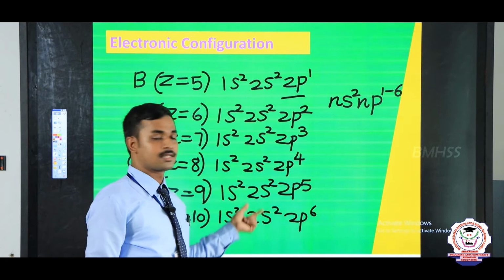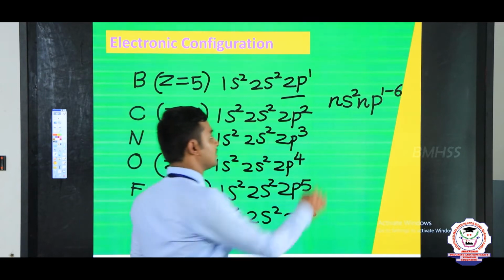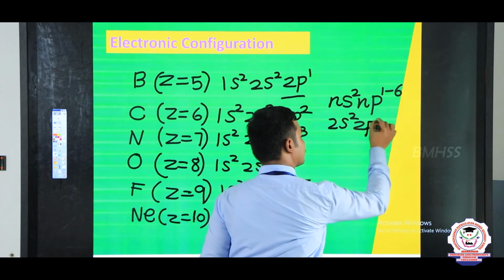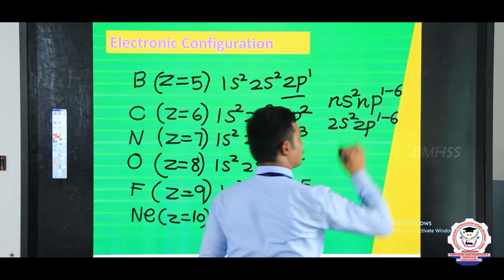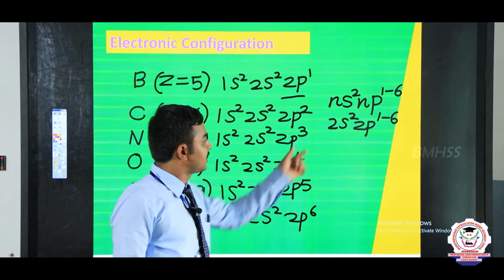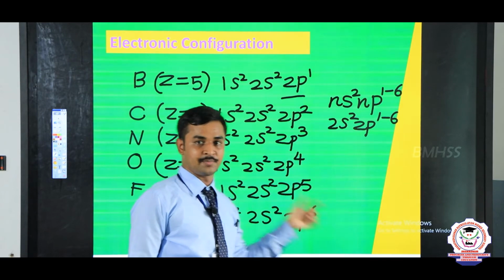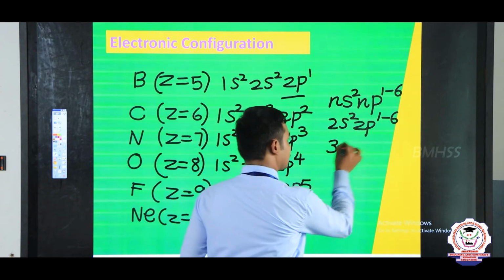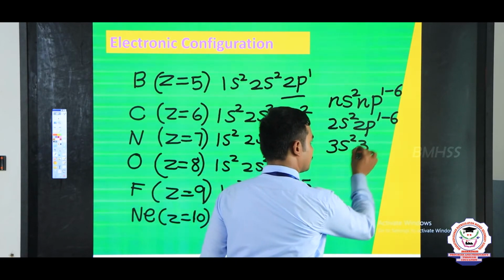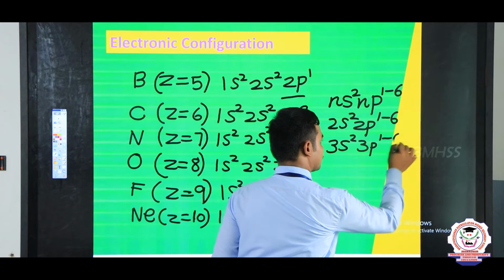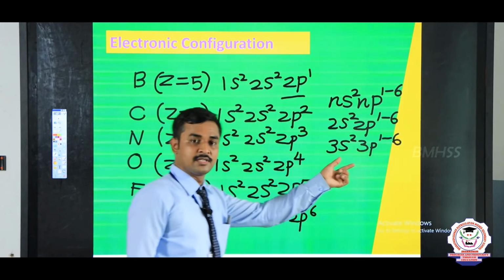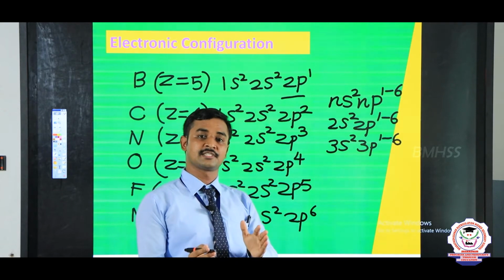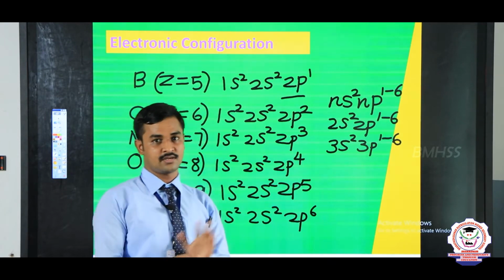It is responsible for the second orbit. So, 2s2, 2p1 to 6 is the general electronic configuration for the second orbit. If you want to write the third orbit, you choose 3s2 3p1 to 6. So, the number in front of the s orbital and p orbital represents the orbits of the atom.